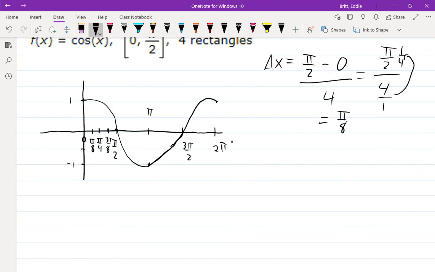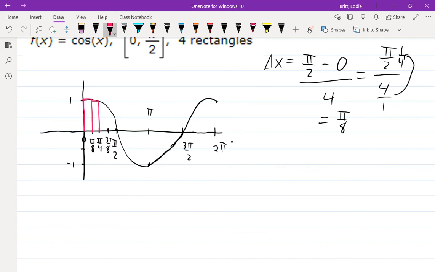So we're going to start with the left endpoint, and we're going to make rectangles starting with the left endpoint. So my first rectangle is going to be f of 0. So it's going to have this height. And then my next rectangle is going to have a height of f of pi over 8.